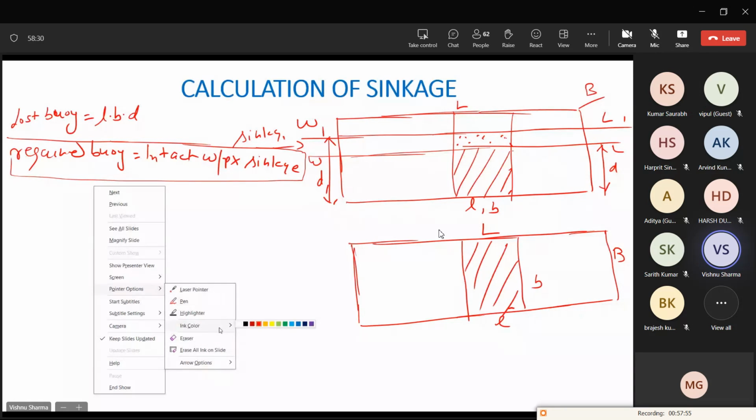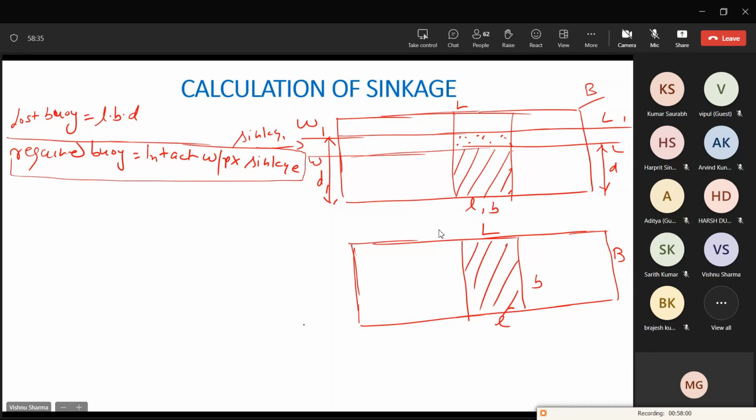I'll come on the camera again. Beta, compared to the book had the full volume. Okay. And each page was full. Page represents water plane area. Volume of the book is the volume, buoyancy regained. If the full area was intact, then the full area multiplied by sinkage would have been the volume of the book or the buoyancy regained.